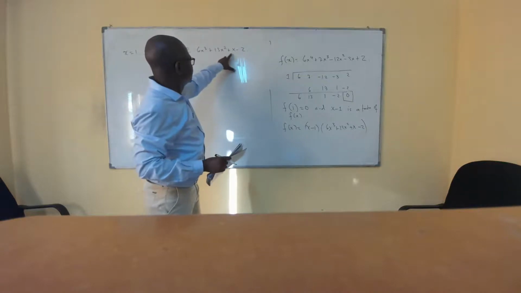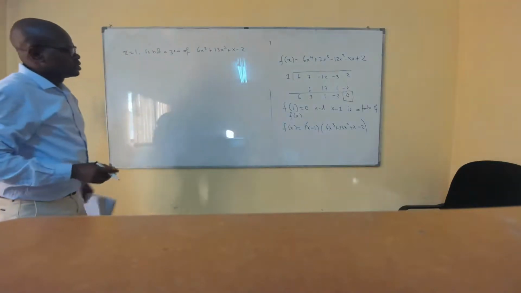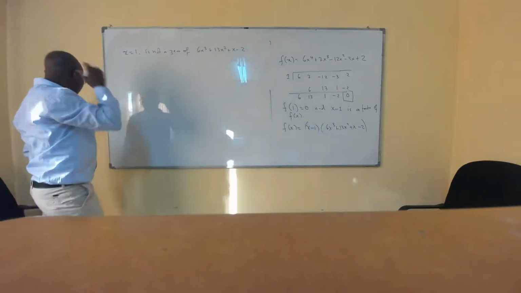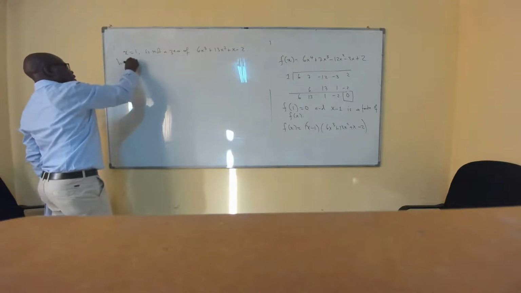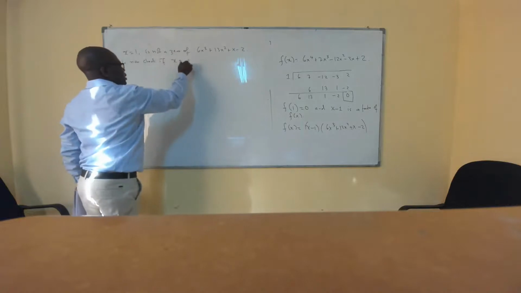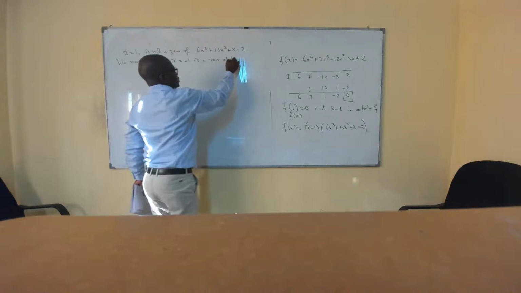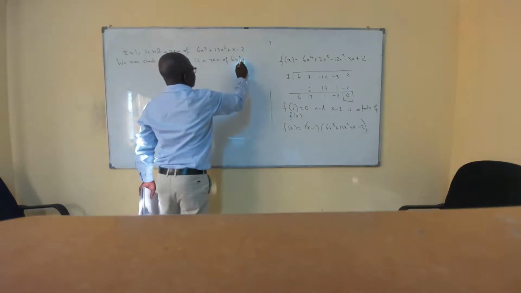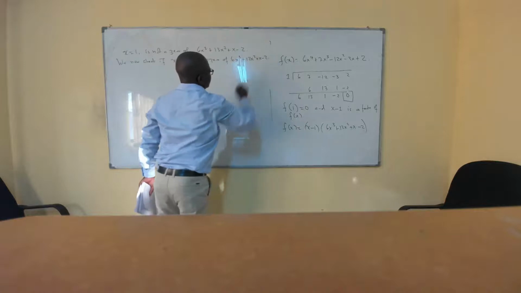This is 19, 20 minus 2 to be 18. But so what we do is, we now check if x equals minus 1 is a 0 of 6x cubed plus 13x squared plus x minus 2.